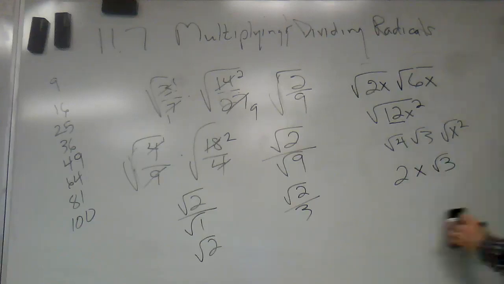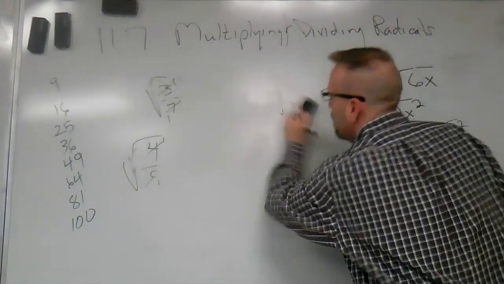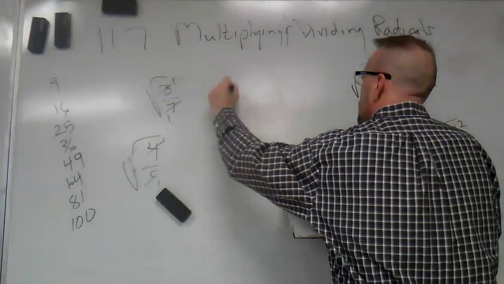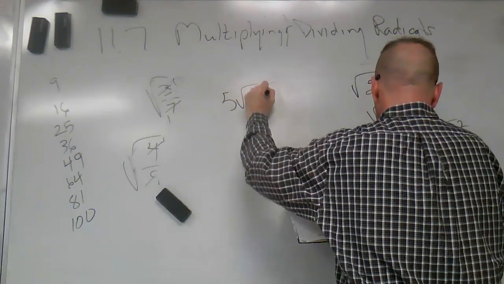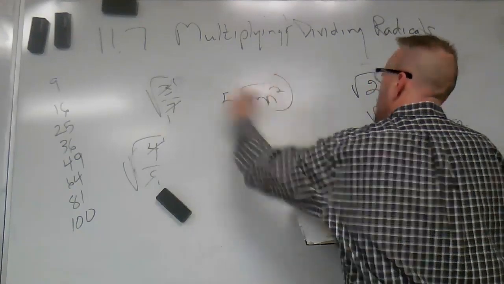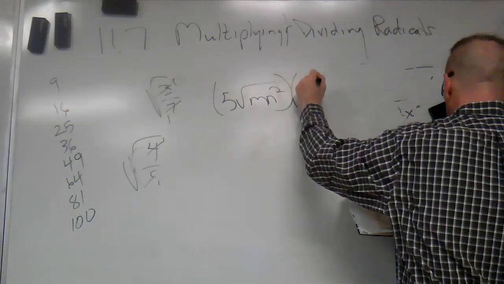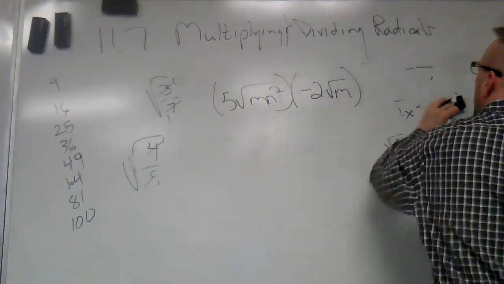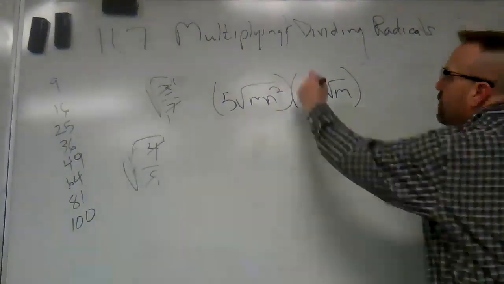Let's do one more with a variable. We put parentheses mainly to show you this negative is here and that you're still multiplying. Okay, so the two coefficients out in front are 5 and -2.